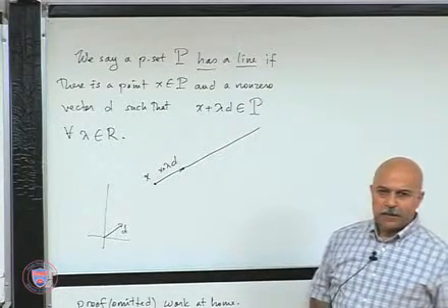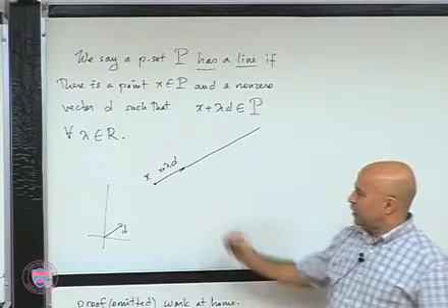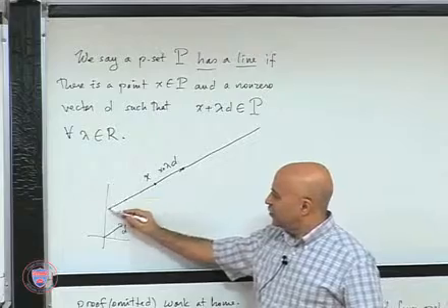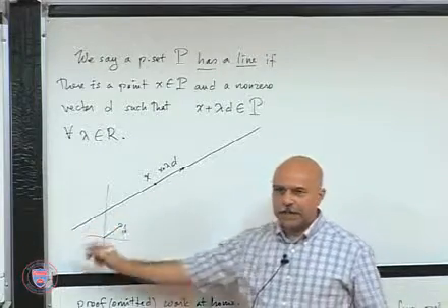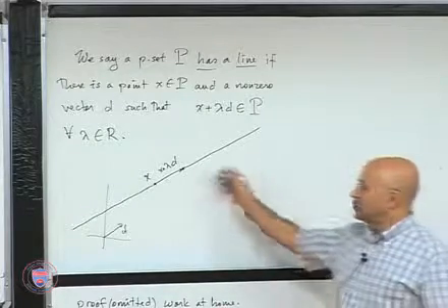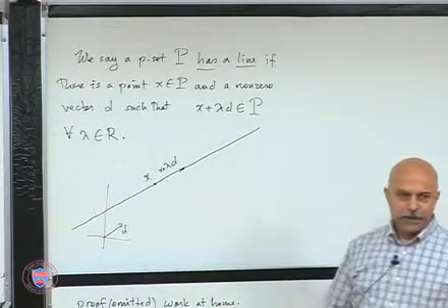That's called a half line. If you take negative lambdas, you start generating all these points. That's another half line going the other direction. So the union of these two half lines is your line.